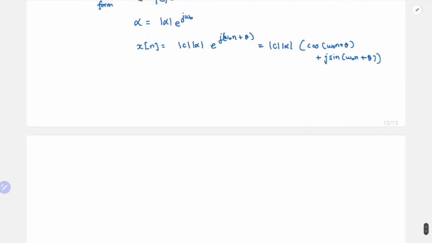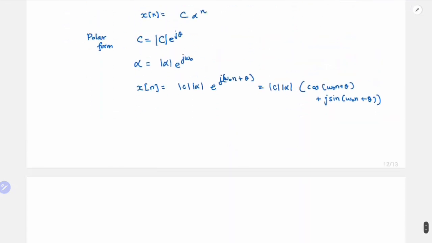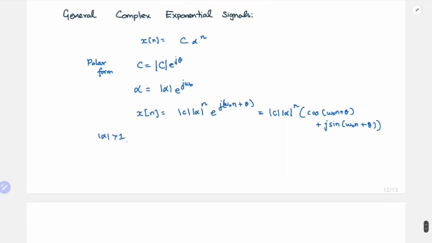So I will show you one example of how this can be plotted graphically. Let's say my mod alpha is greater than 1, okay? And here we missed the factor n. So mod alpha is greater than 1 meaning it is just growing, right?